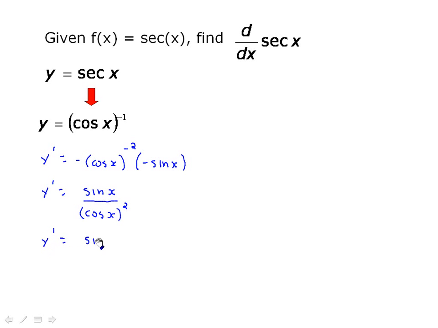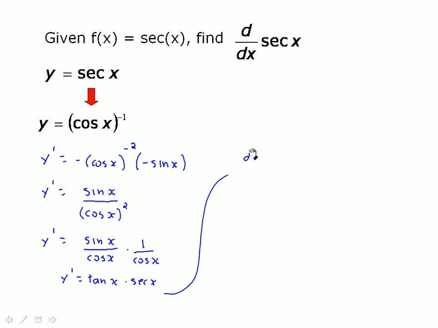So we could write it in a better form of sine x over cos x, break it up, and then 1 over cos x. Now you're probably thinking, well, right away, that sine over cos is the form you want, because that is equal to tan. So y prime is equal to tan of x times, well, the reciprocal of cos is secant x.